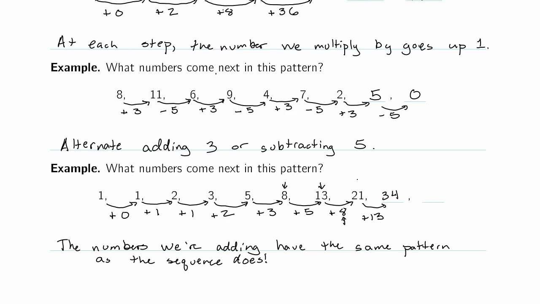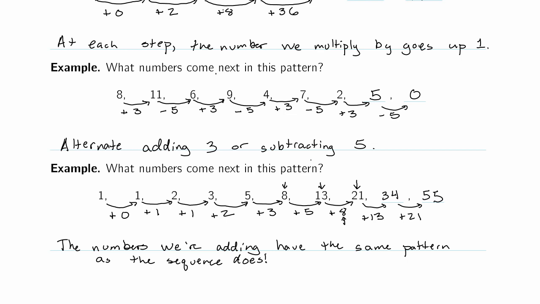And then after 13 comes 21. We'll add 21. So our next number after that is 55. And we can always keep going because the number we're adding always comes from a couple numbers behind where we're looking for a new number.